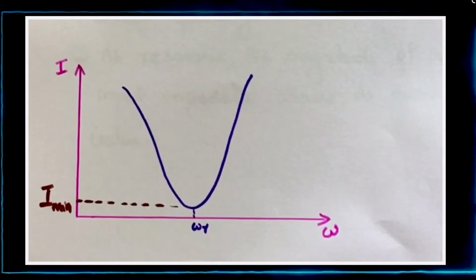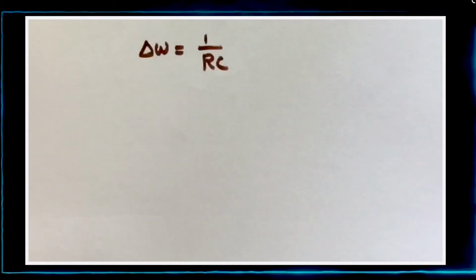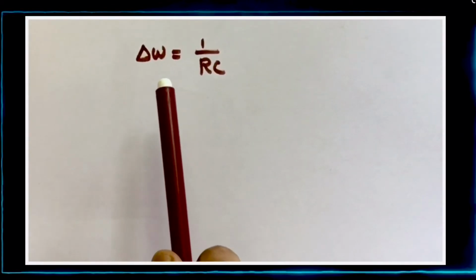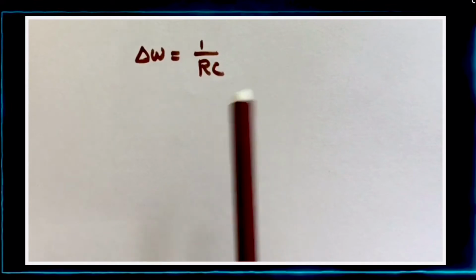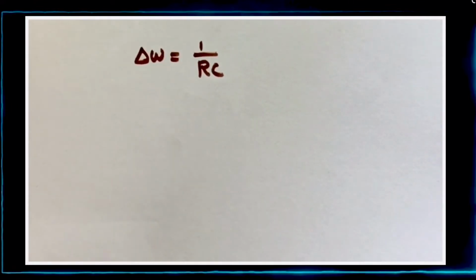That's why parallel RLC circuit is also known as rejector circuit. The expression for 3 dB bandwidth of the circuit, delta omega, is 1 by RC, where R is the resistor value, C capacitor value. It is clear that the bandwidth of parallel RLC circuit depends only on values of resistor and capacitor, not on inductor, and it is inversely proportional to resistor value.